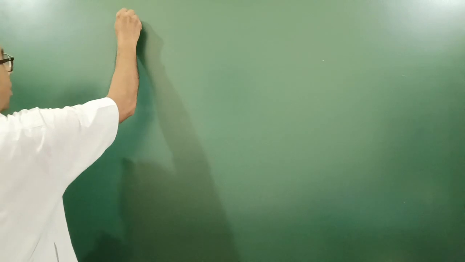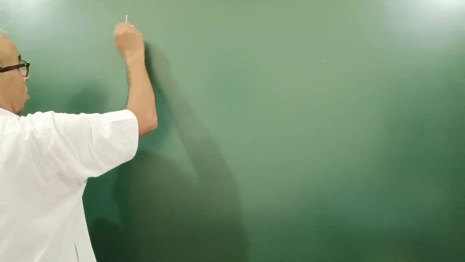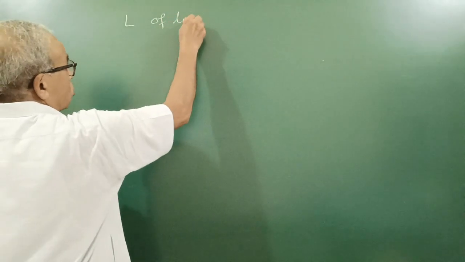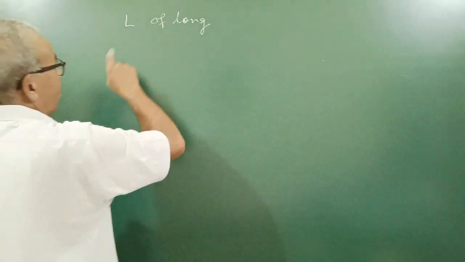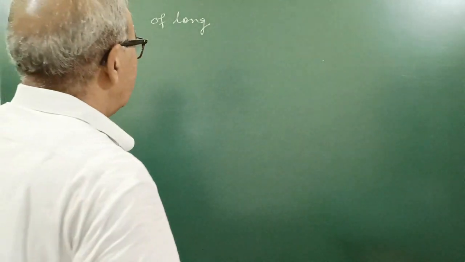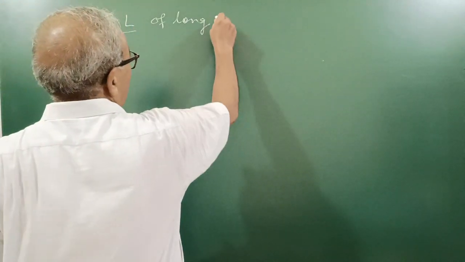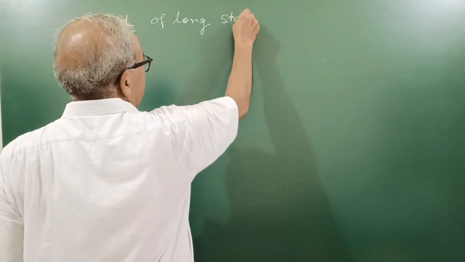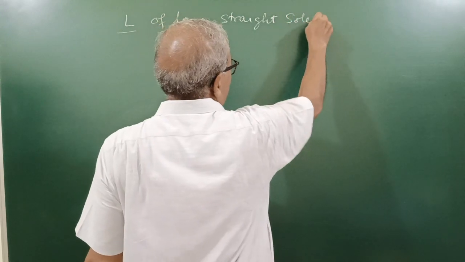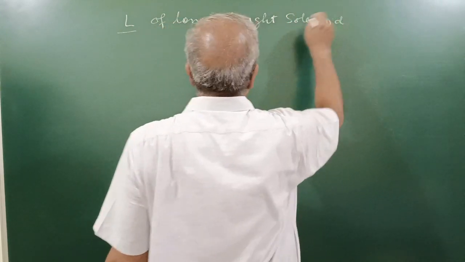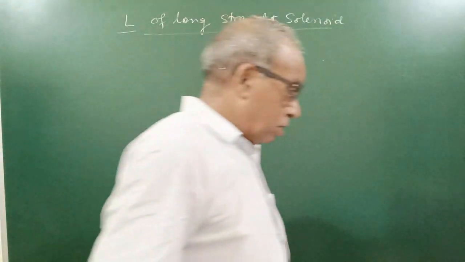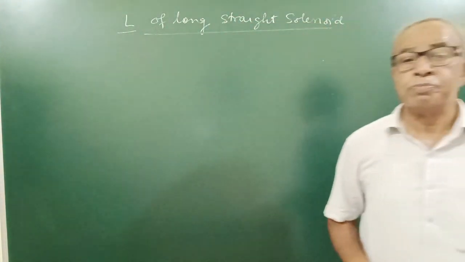Now, the inductance L of a long straight solenoid. The unit of inductance, I told you, is Henry. Generally, in practice we use a long solenoid.